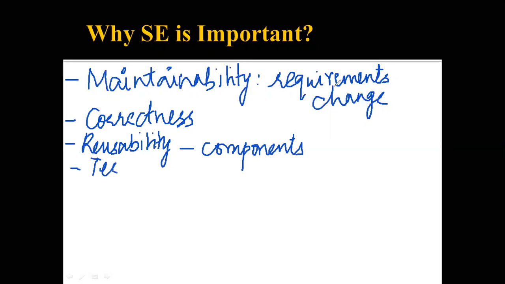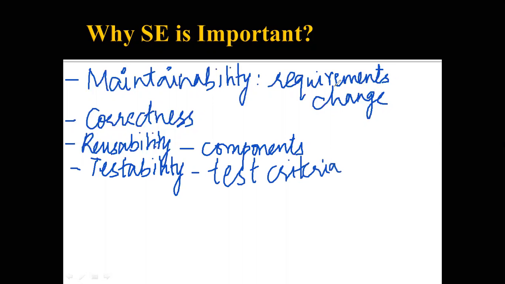Then you also have testability. Whenever you're developing software, the main criterion is that you test whether this software is working properly or not. You're going to make a testing criteria, that is, what the output is going to be based upon a particular input. You're going to test the entire software.